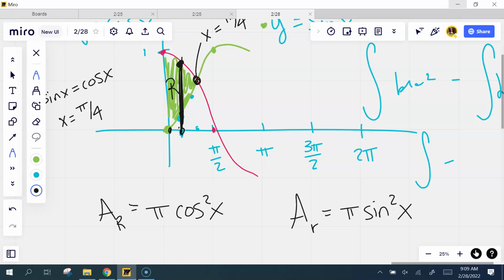This one actually comes out to be an identity when you do it. Cosine squared minus sine squared is cosine 2x. Now, sine squared plus cosine squared is one. That's one of those identities. We're going to practice with those as we review. I have a packet of things you need to know cold.